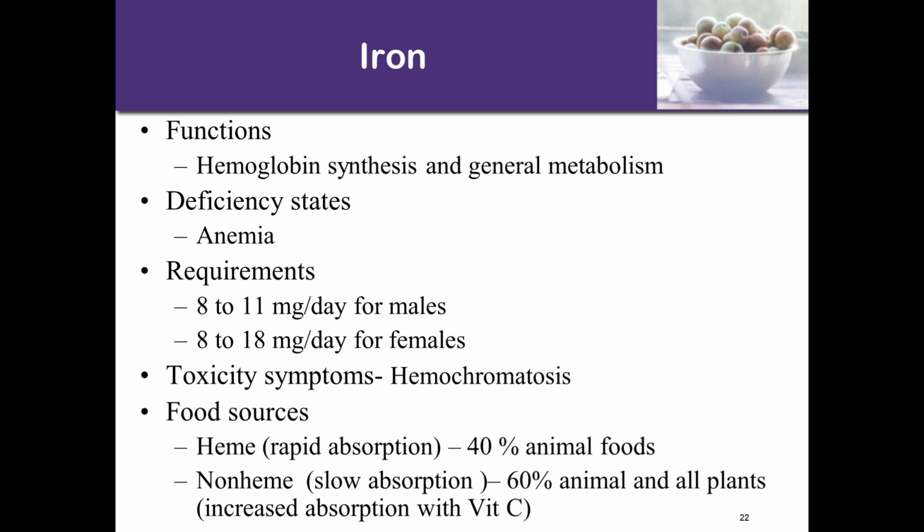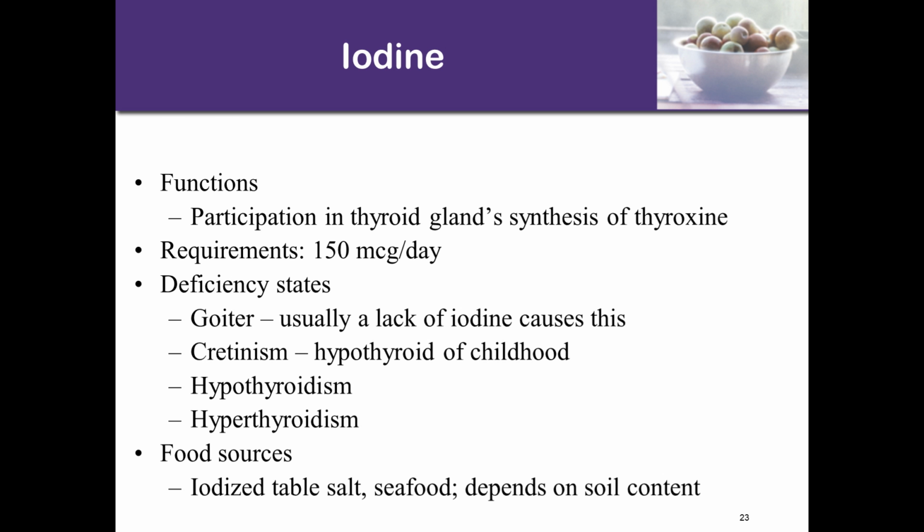So absorption is increased with vitamin C. When you take vitamin C, the absorption of iron will be high. So when you take animal and plant sources of iron, you should also take vitamin C.